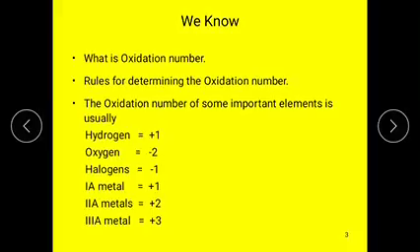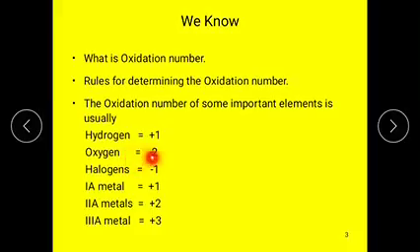Generally it is +1, but in the case of metal hydrides, we have to take it as -1.